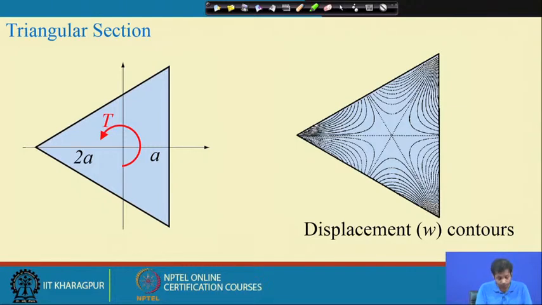the triangular section. Now, a similar approach you can follow for other sections as well. For instance, your section could be square, it could be a rectangle with different aspect ratios. If you have those kinds of sections, your section could be something like this as well.